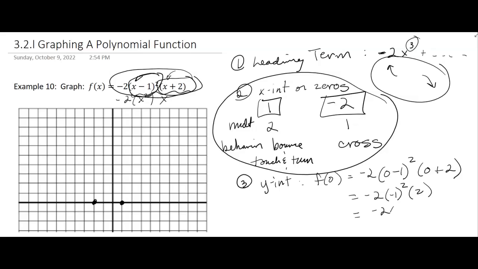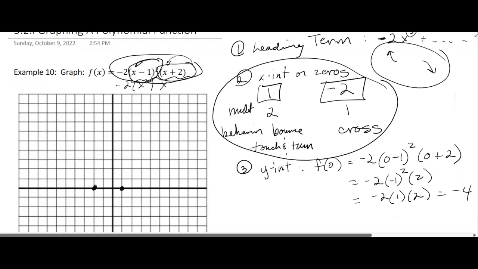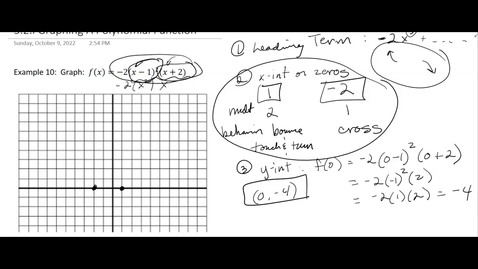So I'm going to have -2 times 1 times 2, which is going to be -4. Now that's a point that I know: 0, -4. I can graph that point. So 1, 2, 3, 4. It's right there.